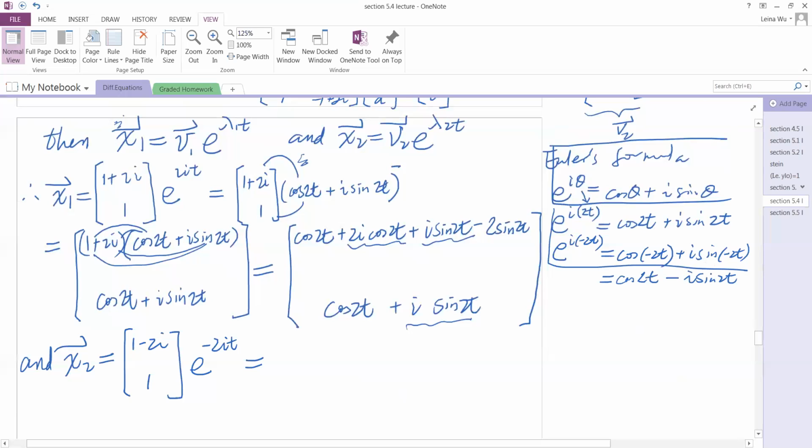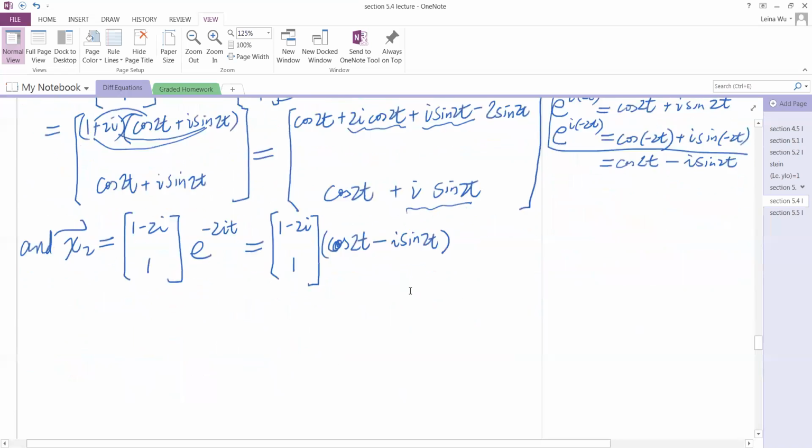You see the sign in front of the i just changes. So I can write this as 1 minus 2i, 1, and then cosine 2t minus i sine 2t, if you simplify it.